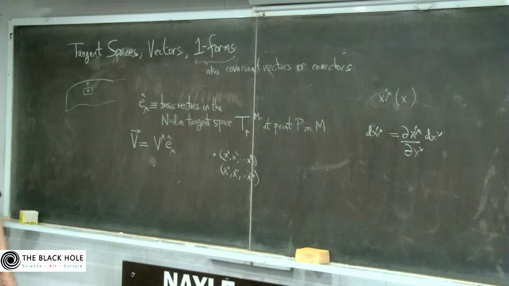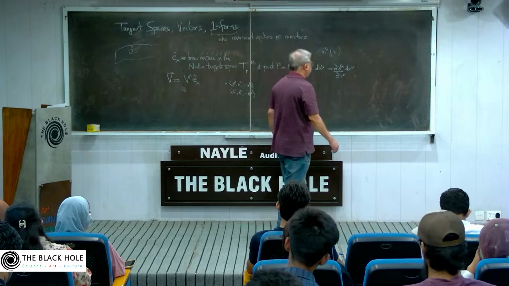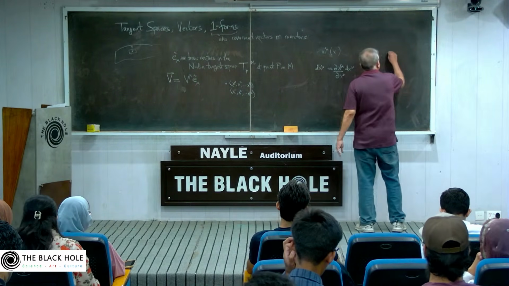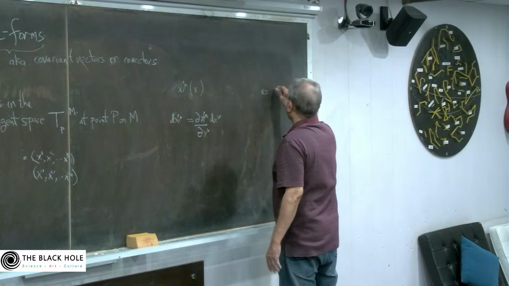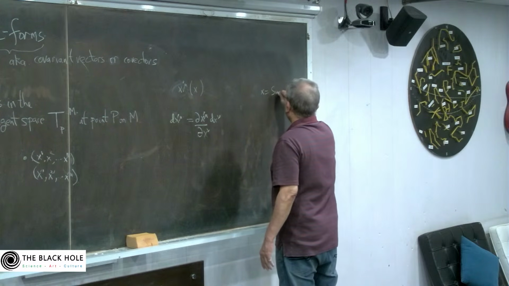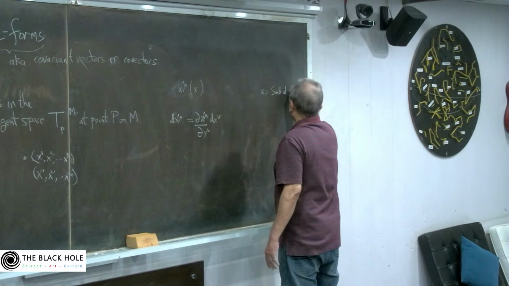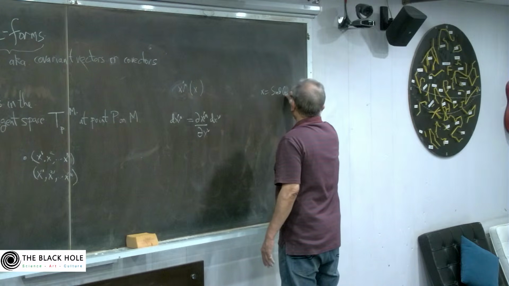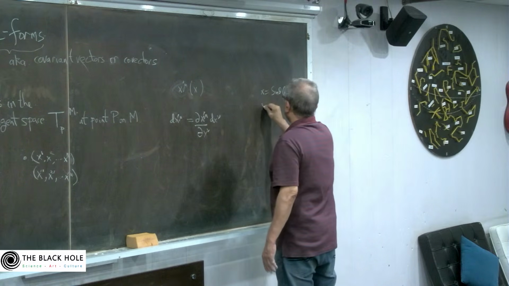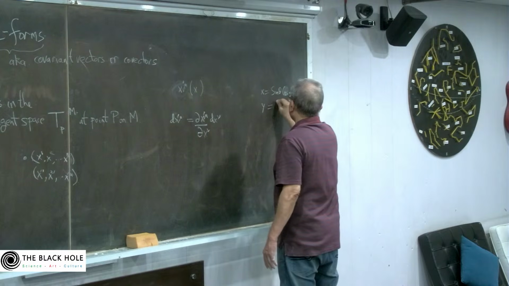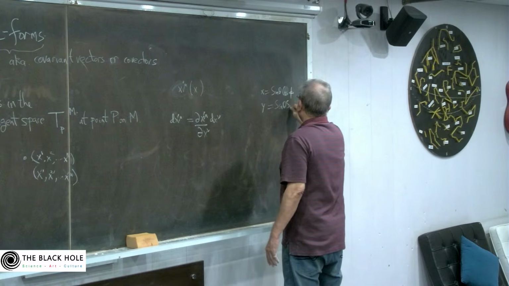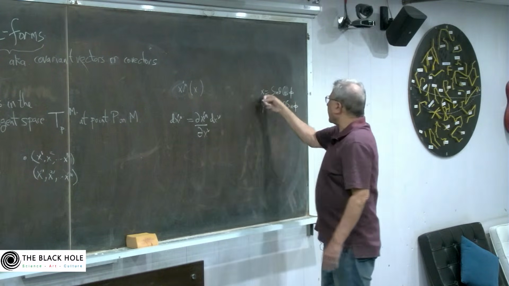For example, if I have x equals sine theta cos phi, y equals sine theta sine phi. Well, what is dx?